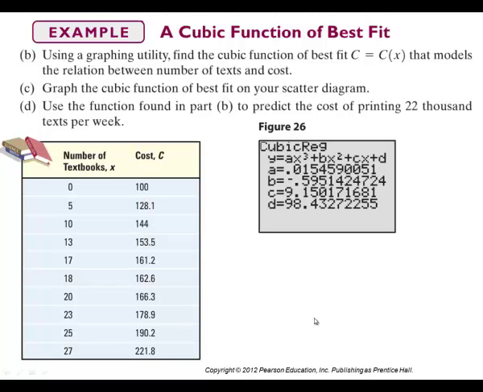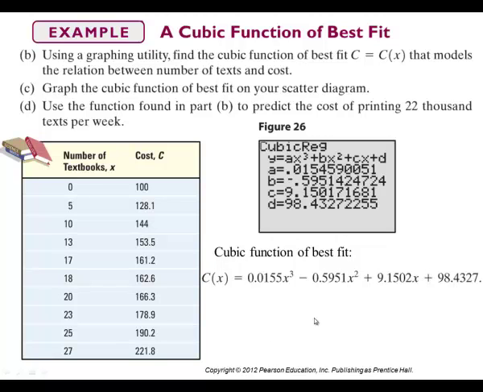And so you put your table of values in like you did before, put it in list 1 and list 2, and so you would go to stat calc 6 for cubic regression, and then L1 comma L2, hit enter, and you get your function.